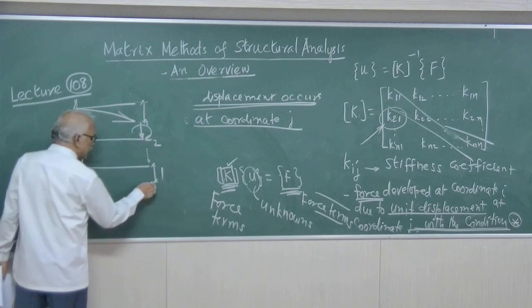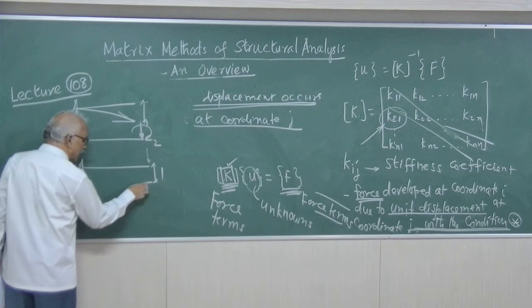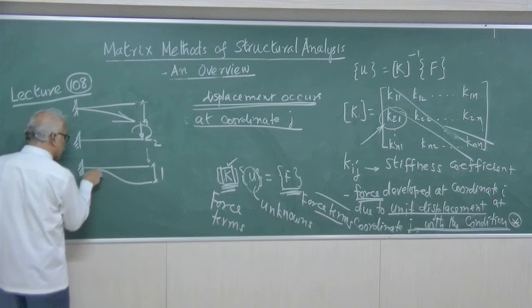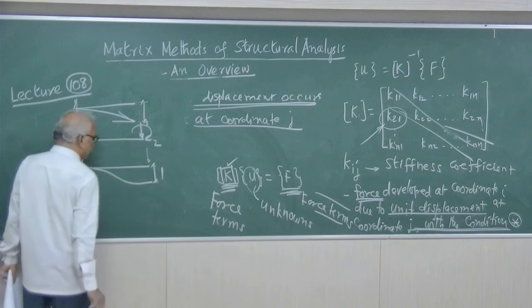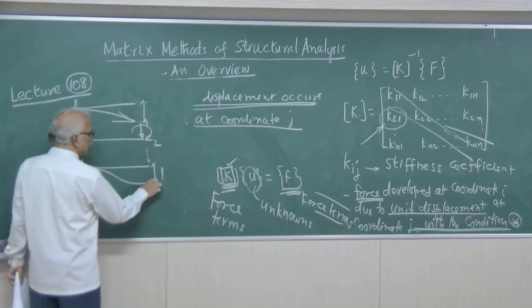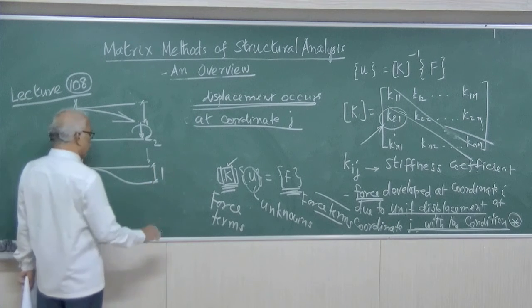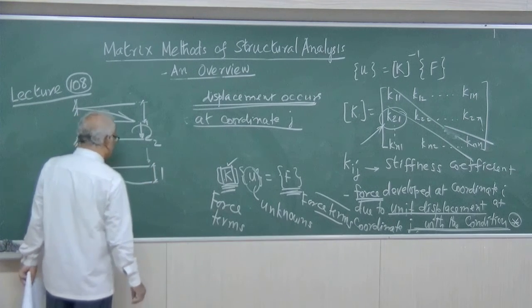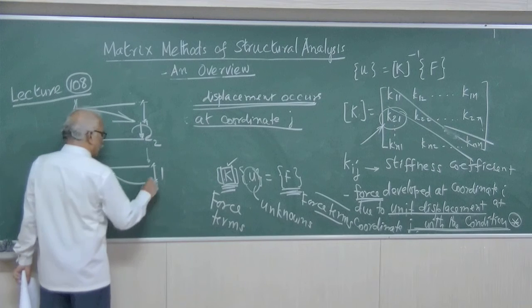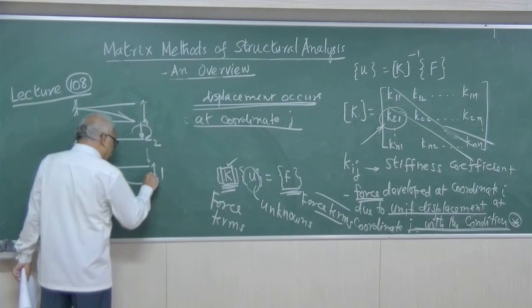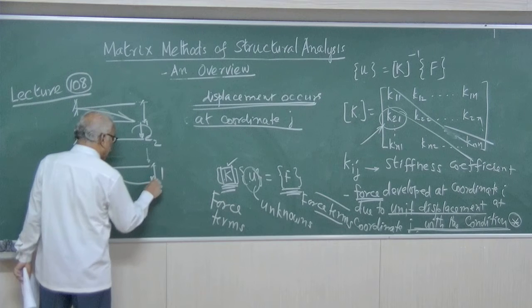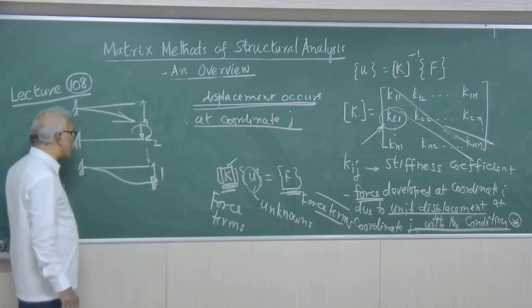Therefore, when this is 1, this has to be horizontal, and again this has to be horizontal. You allow only vertical displacement and no rotation. That means you are going to treat this as a fixed end, because a fixed end will not have any rotation.